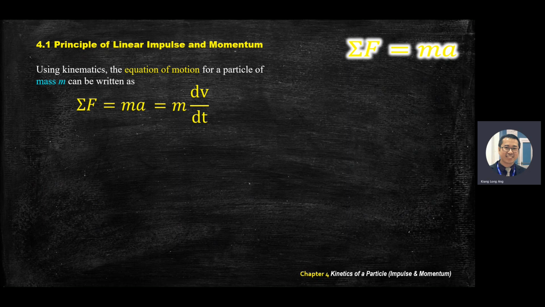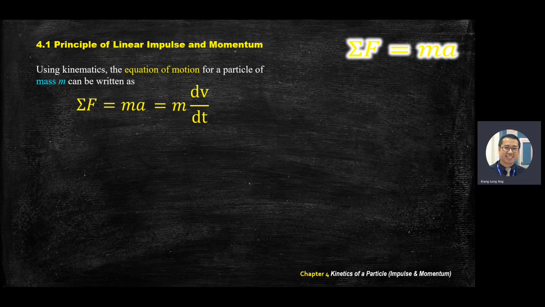You get t, where here of course it is t2 minus t1, equal to m times v2 minus v1 if we have limits.